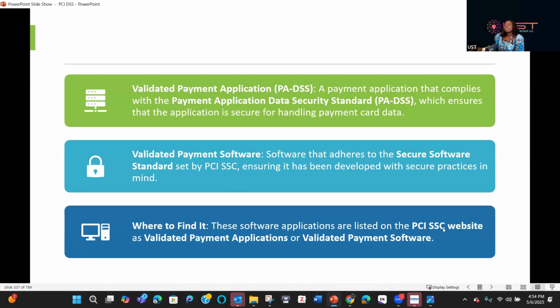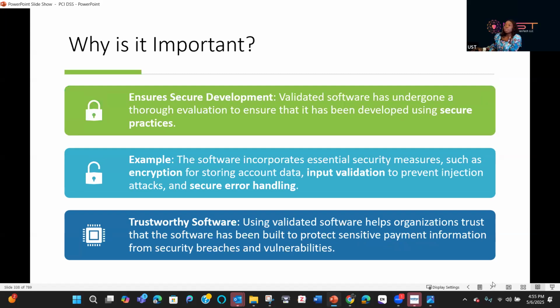These software applications are listed on the PCI SSC website as validated payment application or validated payment software. So depending on which one an organization is going with, you can go to their website and should be able to get the guides or the requirements as to how you go about developing and making sure you are also in compliance. But why does this matter?